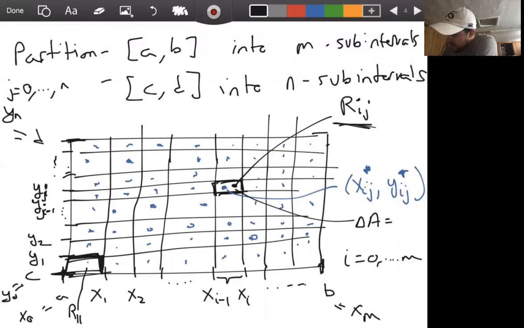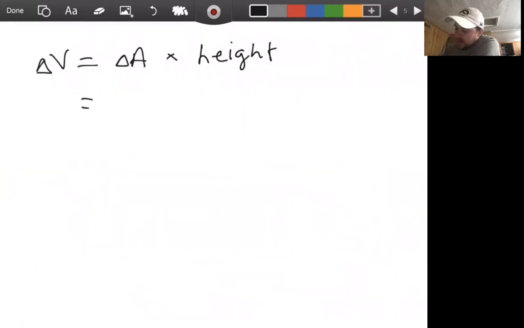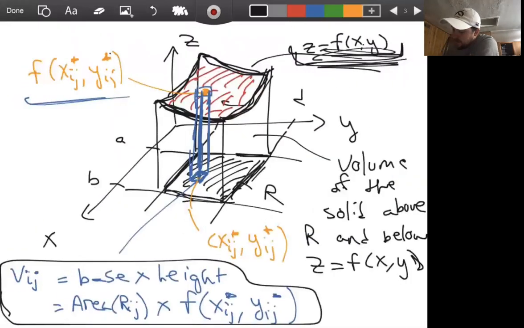And the area of the ijth rectangle is going to be length times width. Well, the length is the subinterval due to the x partition, and that length we'll call delta x. And then the width is the length of the subinterval of the y partition, which we can call delta y. And so the area here is going to be delta x delta y, and then times the height, which is the function at our test value inside this rectangle.